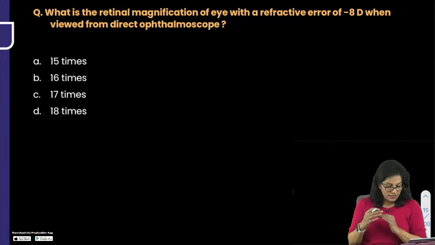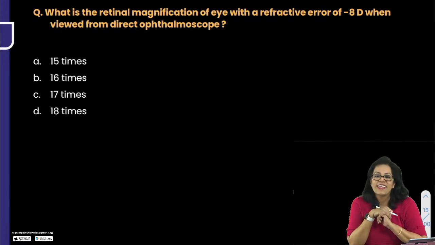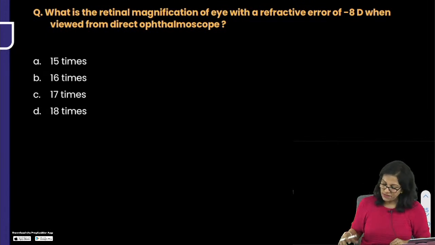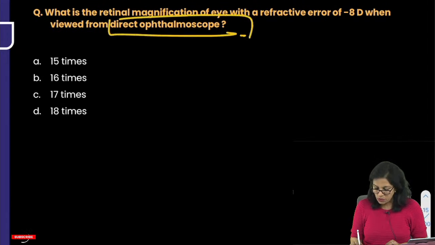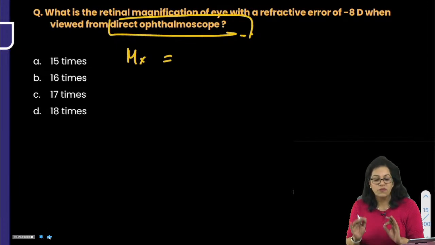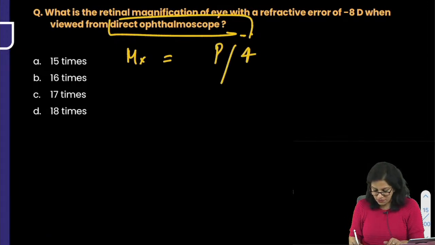Focus here now. What is the retinal magnification of the eye with a refractive error of -8 when viewed with the direct ophthalmoscope? First of all, how do we calculate the magnification with a direct ophthalmoscope? You should know the formula first. So the formula here is power upon 4.